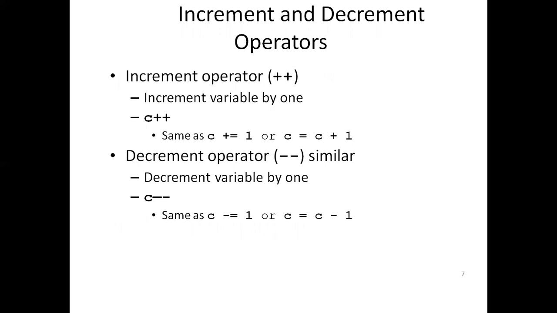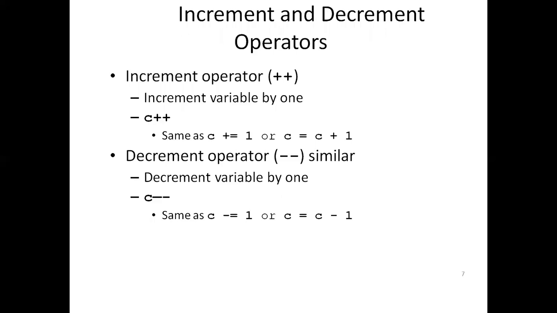Then also we have the increment and decrement operators, auto increment, using double plus. Each time it increments the value by one. Double minus is a decrement.